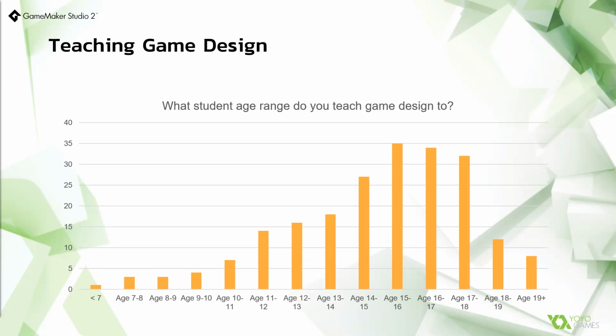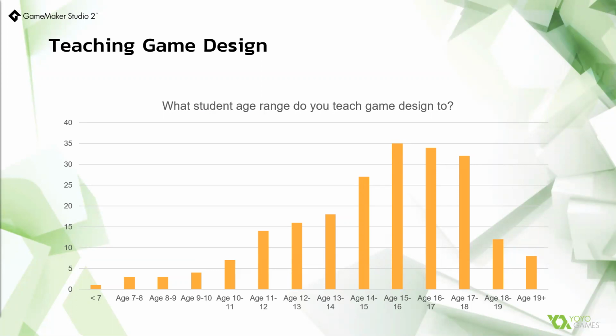We often get asked what age GameMaker is taught at. So we asked the question to our teachers, and this is what came back. So you can see that GameMaker is taught from very young ages all the way up.